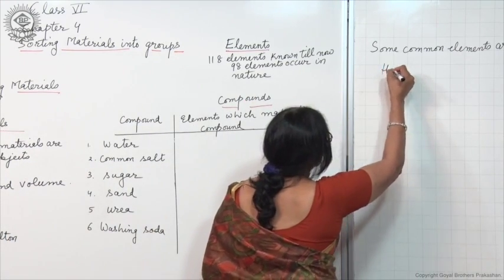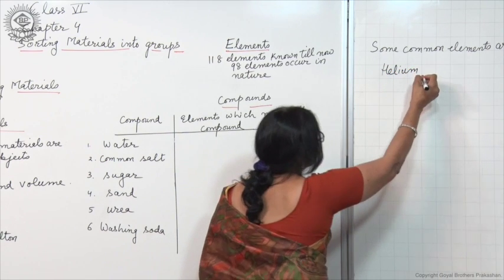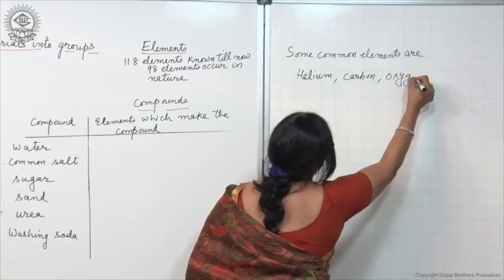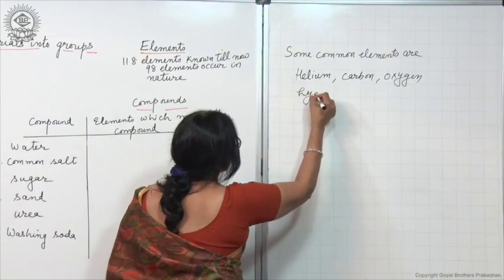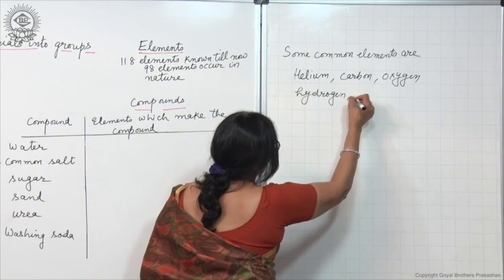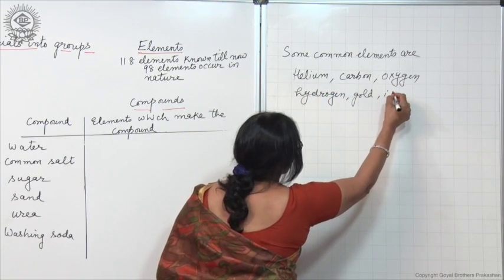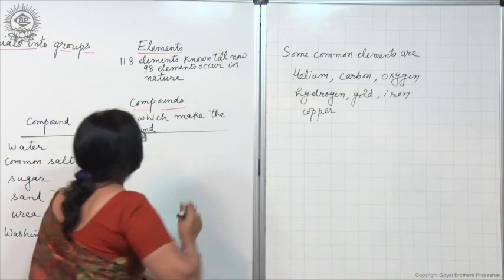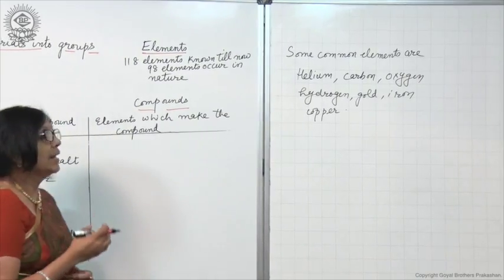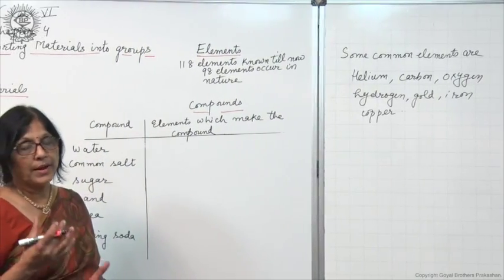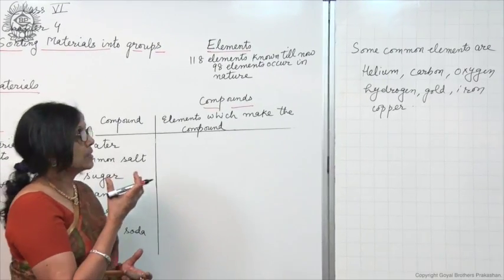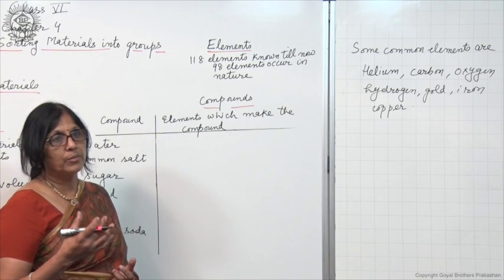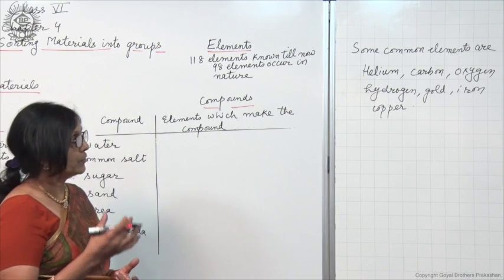Let me write here some of the common elements: helium, carbon, oxygen, hydrogen, gold, iron, copper, and so on, right. So, what is an element? As I told you, an element contains only one type of atoms. If we break any element into small pieces, the smallest particle obtained will be the atom of the same type.